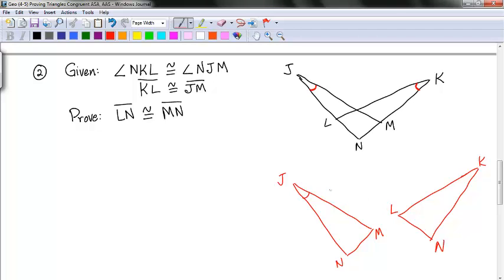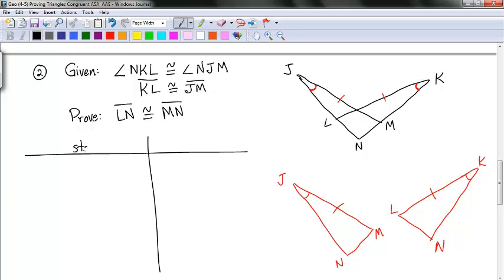This angle is congruent to this one, and KL, this one, is congruent to JM, this one. I don't care if you keep the picture together as that whole thing or separate it. Okay, now we start the proof.